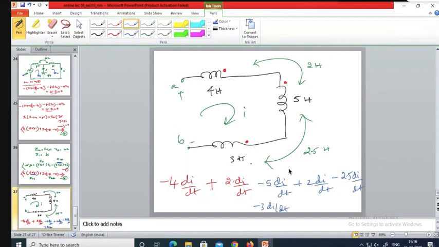And again, similarly, this branch is minus 2.5 di by dt, plus v, that is equal to zero. So this is how you can calculate the total EMF induced in this circuit, and ultimately you can calculate L effective. You add all the things, you get the equivalent inductance.